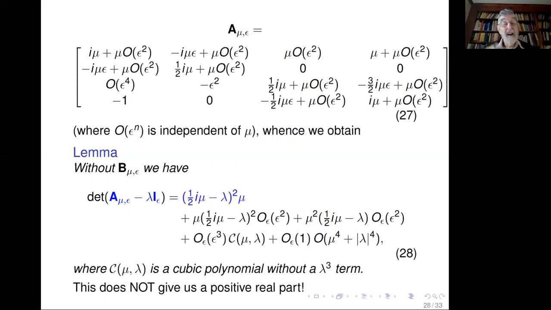If you take the determinant, it has 24 terms, some of which are 0. I'm certainly not giving you the details of the calculation, and you get this.